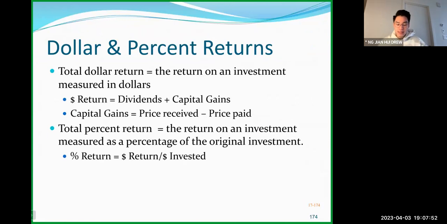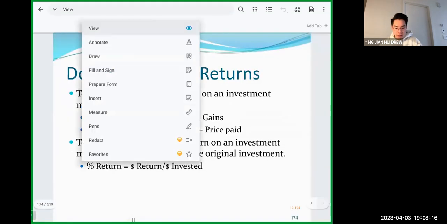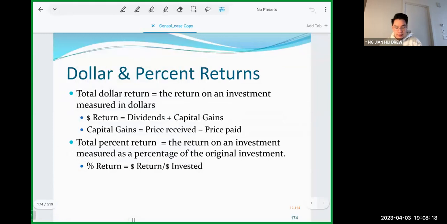All right, so let's think about the returns component first. It's relatively easier to understand because we have always seen returns. We have 2 kinds of returns here. We have returns in terms of dollar return, which means the amount of money, and they are broken down into either the dividends component or the capital component.